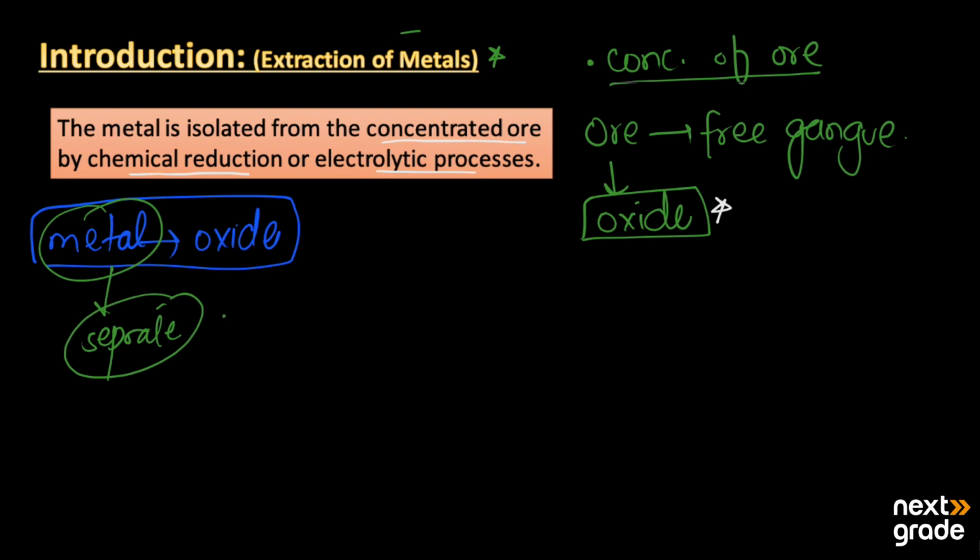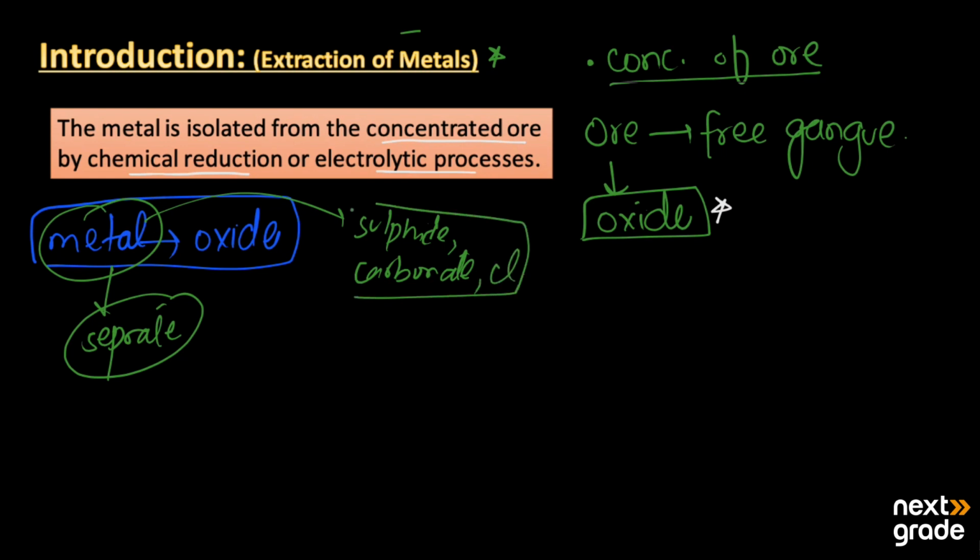That's why first of all we convert it into oxide, because the metal may be present in the form of its sulfide, carbonate, or chloride. So we first convert it into its oxide and then separate out the metal. Therefore, prior to the reduction, usually the metal is converted into its respective oxide.